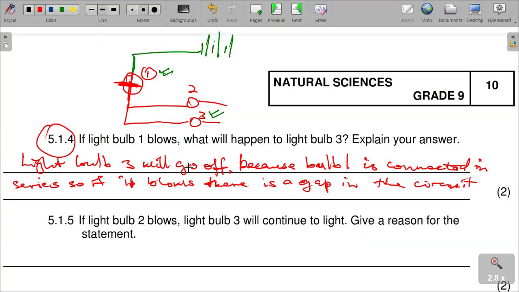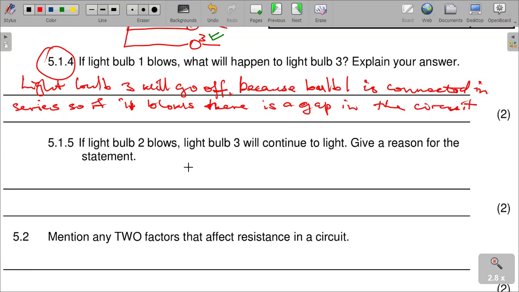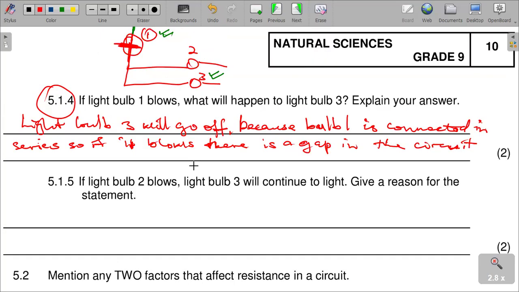And then let's quickly go to the next question. If bulb 2 blows, light bulb 3 will continue to light. Give a reason for the statement. I'm sure we have already given something similar. If bulb 2 blows off, bulb 3 will continue to light.